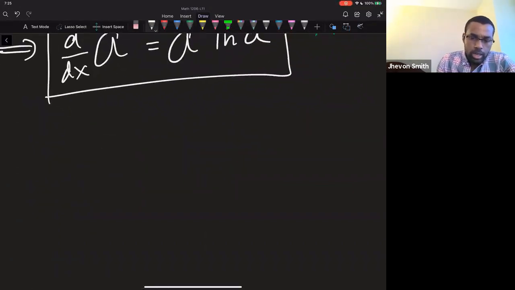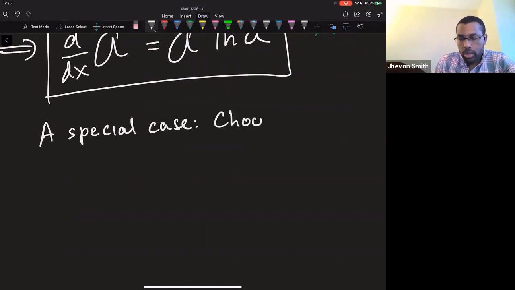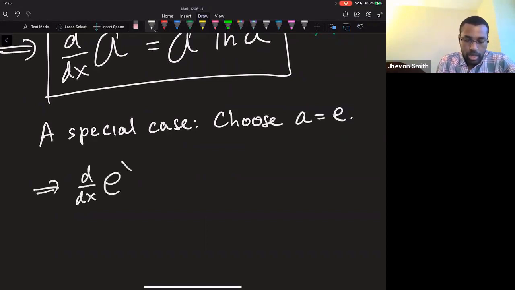Now, there is a special case here. If we choose a equals e, this would mean that the derivative of e to the x is e to the x ln e.